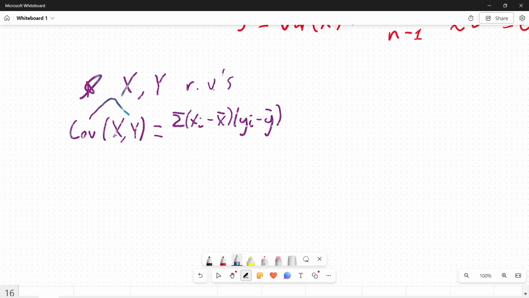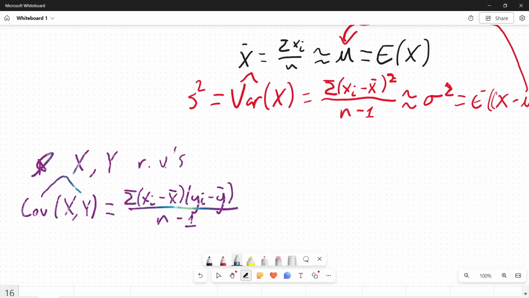Multiple observations of each of these variables. Then I'll divide by n minus 1, just like with the regular variance. Notice what's happening here. This is not variance in the sense I had up here. This is a measure of how these variables co-vary.